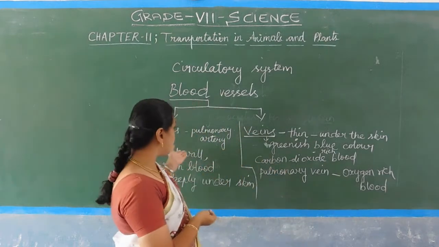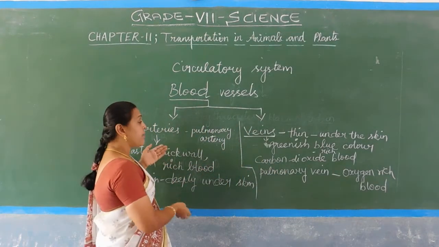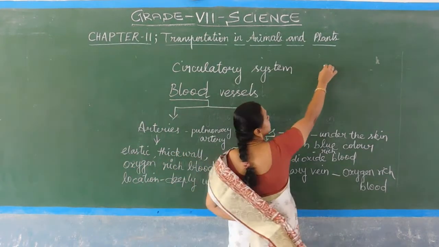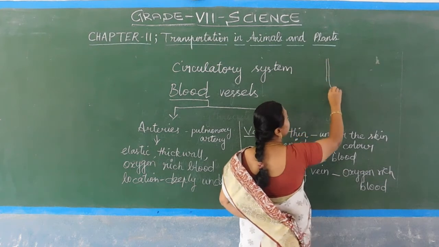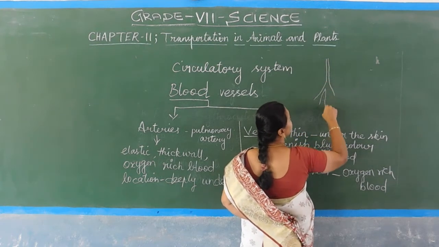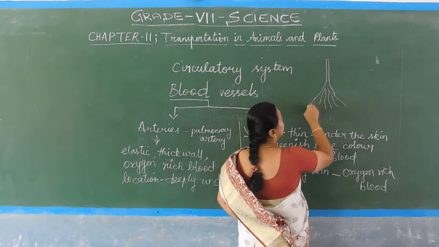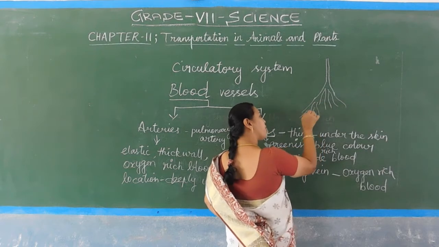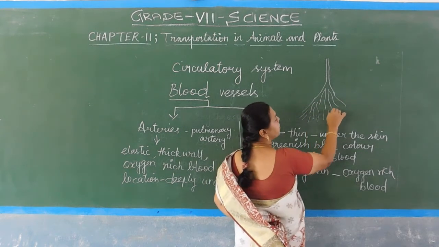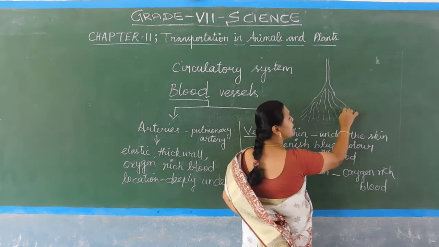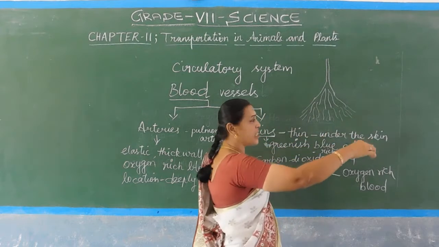And these arteries will divide. See, if this is the main artery, it will divide into so many branches. And these branches will further divide into many branches, into very thin tubes inside the tissues.